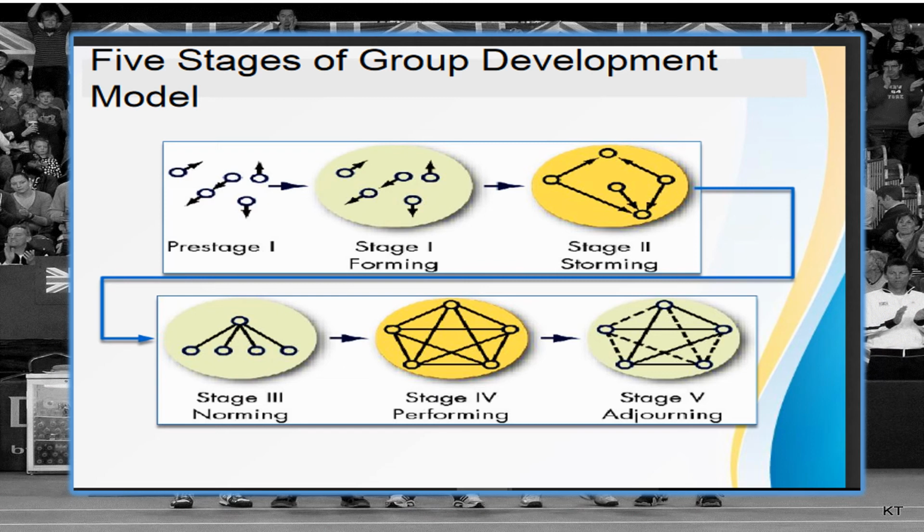Now people start to normalize exactly what's expected. They start to accept it or not. You start performing, stage 4, where now the team starts to perform, and then once the objectives are achieved, adjourning, where the team actually comes to an end because you've achieved the objective.